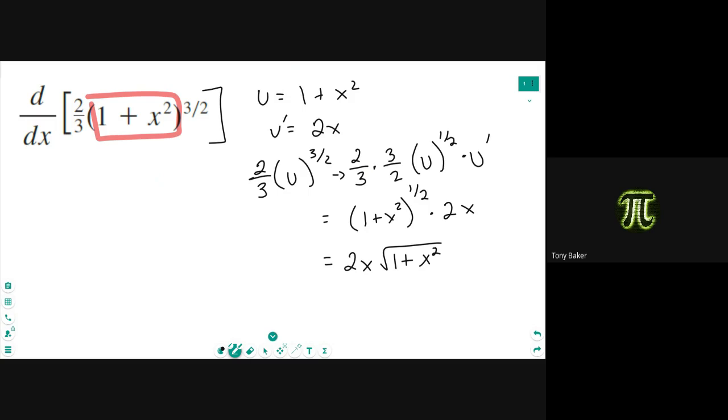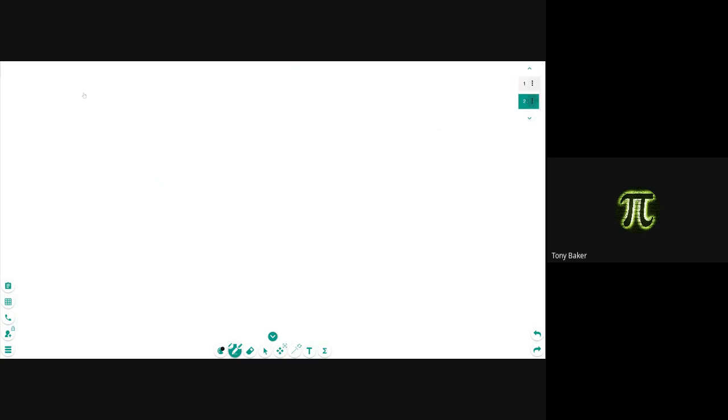So it is very similar to doing the chain rule. We just have to go backwards. So we're going to start with this 2x square root of 1 plus x squared. And just like when we were doing the chain rule, I said, what's the annoying part? The annoying part is the thing underneath the square root again.